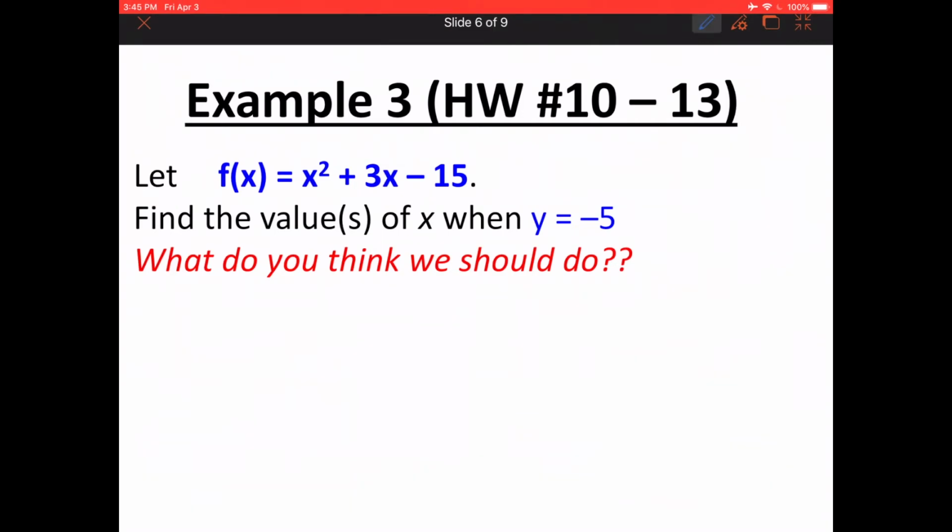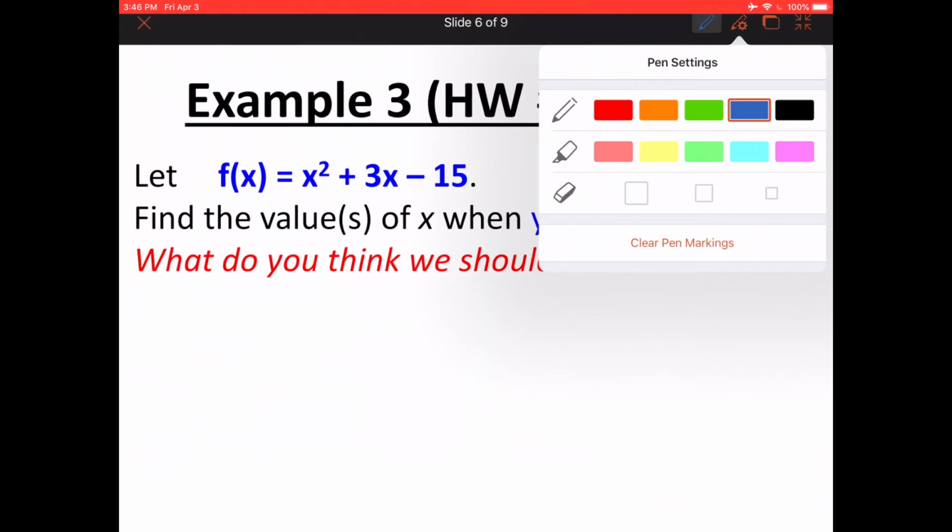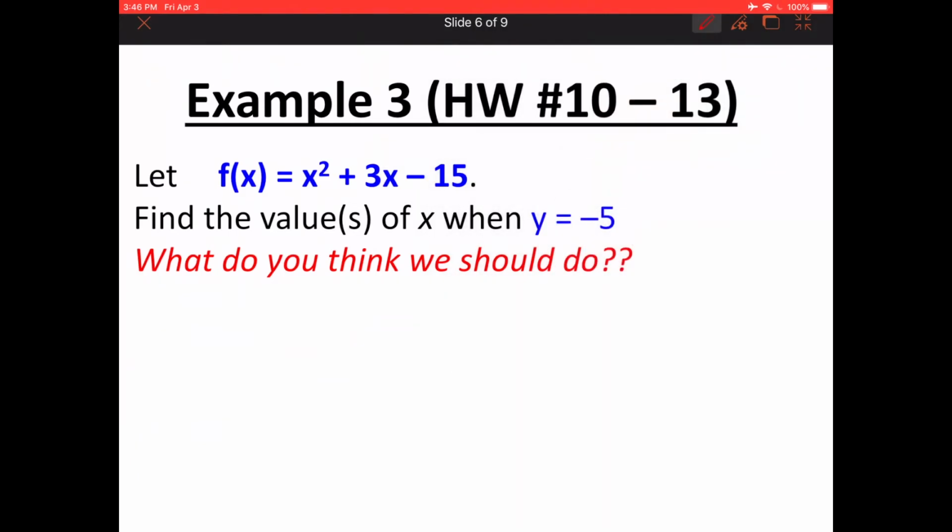Let f of x equals x squared plus 3x minus 15. Find the values of x when y equals negative 5. And so, very important here in red, what do you think we should do? Okay, you are going to have homework problems just like this. Remember, f of x is just another way of writing y.